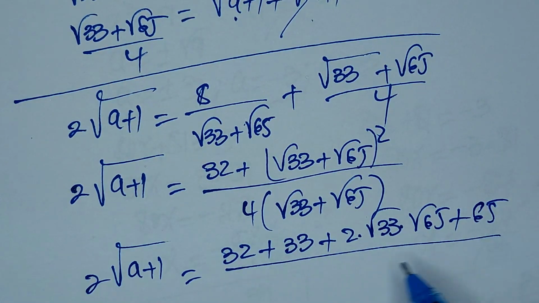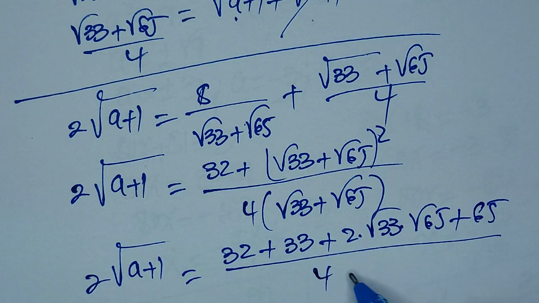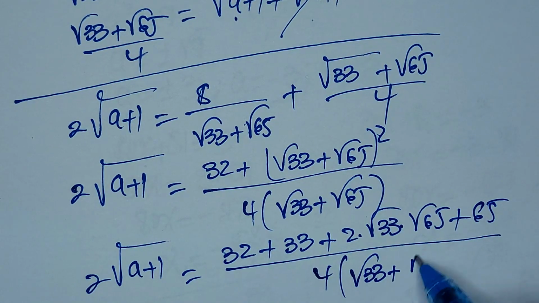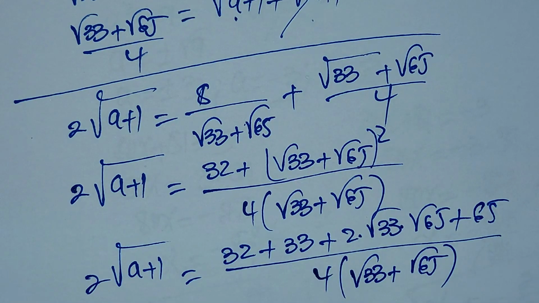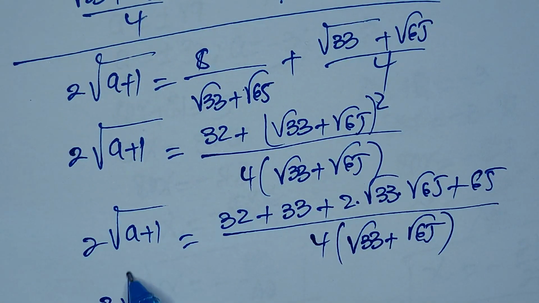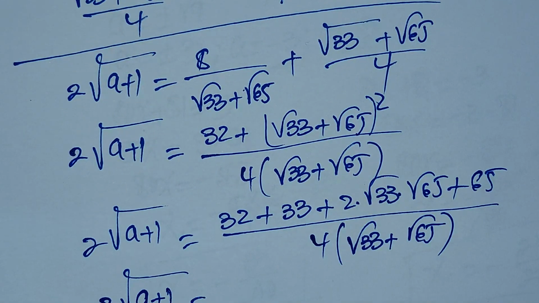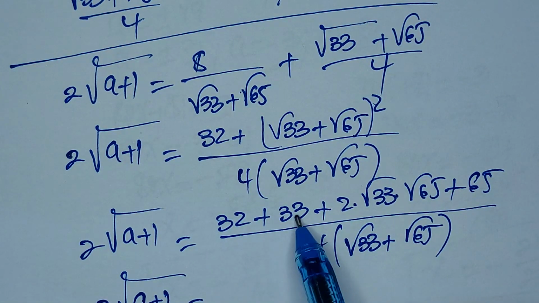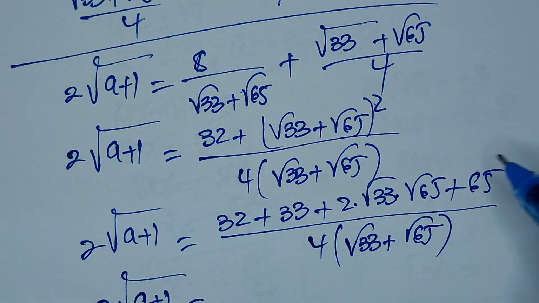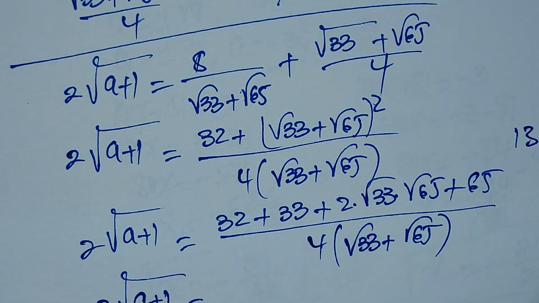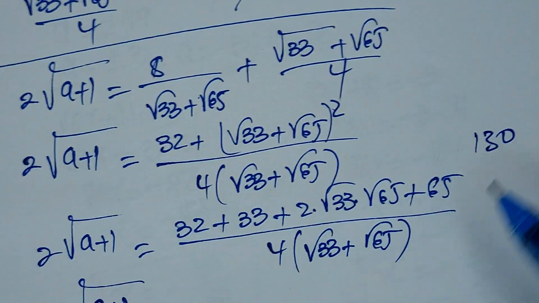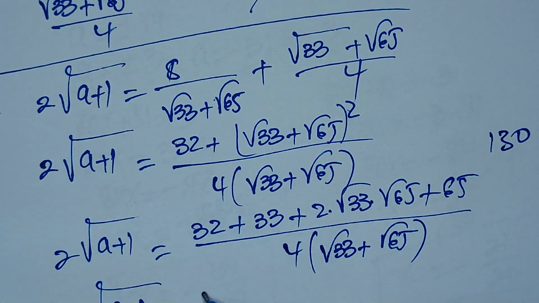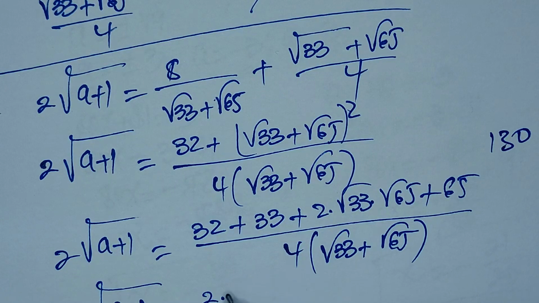Now this is divided by 4, which multiplies square root of 33 plus square root of 65, and then we have 2, which multiplies square root of a plus 1. 32 plus 33 is 65, plus 65 is 130, and this is 2 times 65.